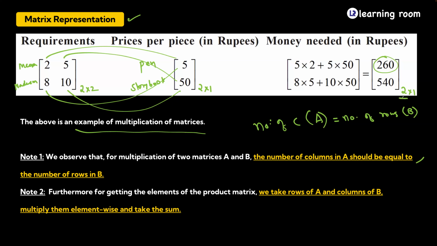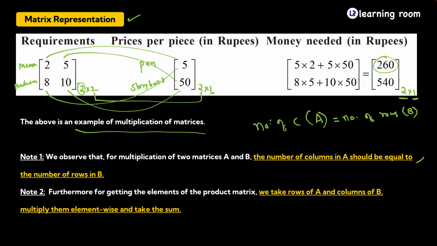This 2 corresponds to the number of rows of the first matrix, and this 1 corresponds to the number of columns of the second matrix. And what should be the condition? The number of columns of the first is equal to the number of rows of the second. If you observe, 2 and 2 are the same. Why I'm stressing this point is that here you have 2 cross 1, and here also you have 2 cross 1. You should not get confused.